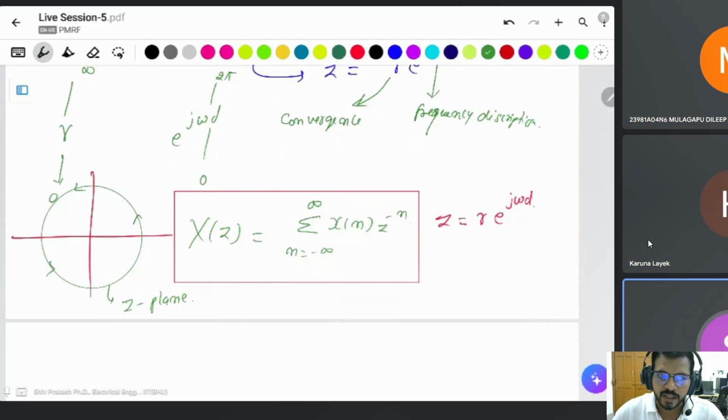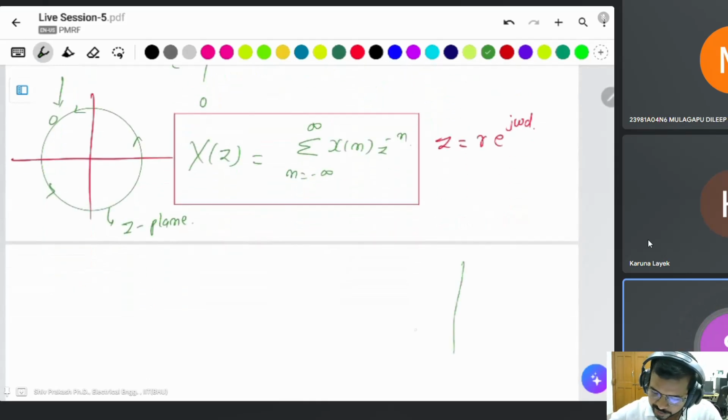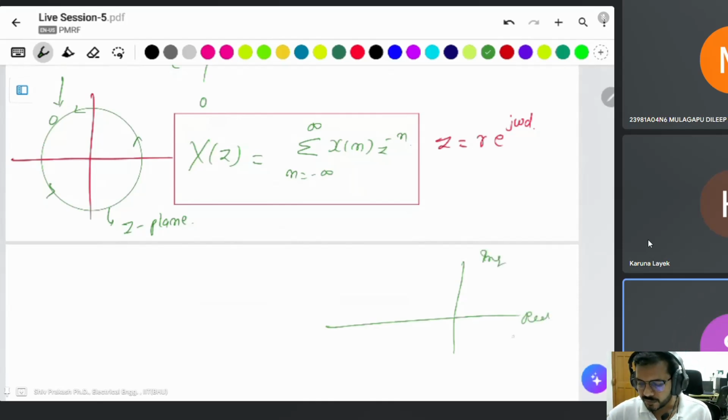It always forms a circle, but in the Laplace domain, in our third row, there will be two axes, real axis and imaginary axis. This will denote the ROC, this will describe the frequency.